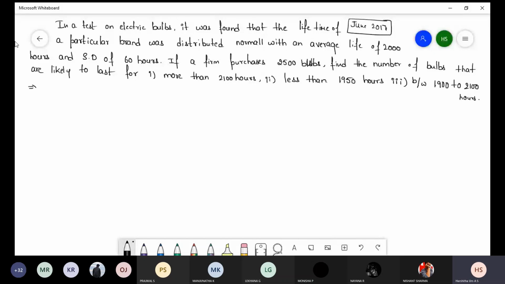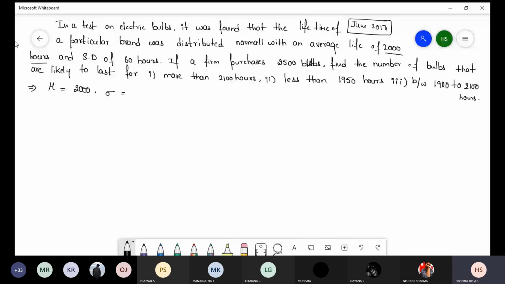Now let us start the solution. Average life 2000 hours they have given. Average means mean, so mu is equal to 2000, and the standard deviation we will denote by sigma, that is 60 hours.